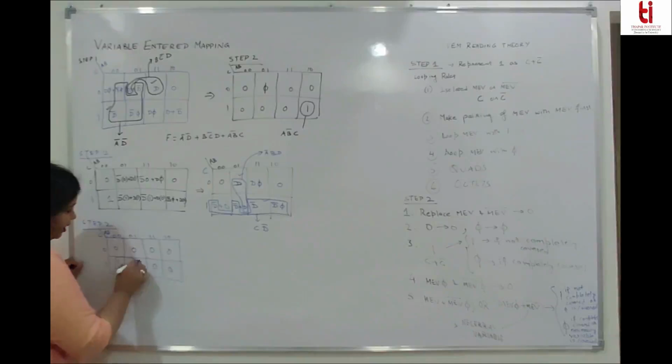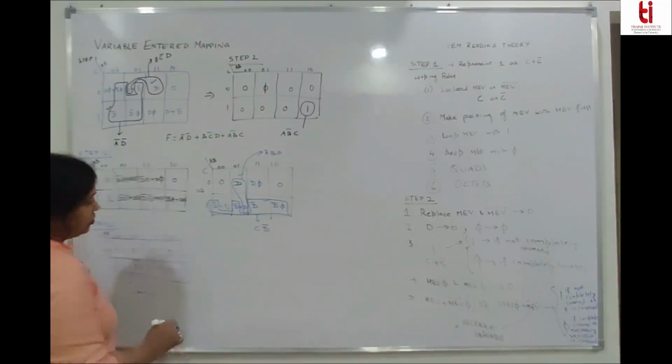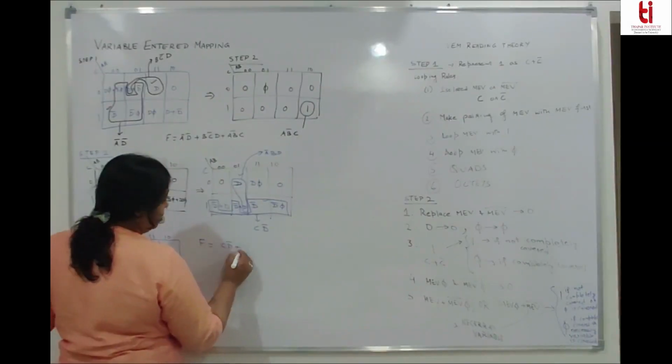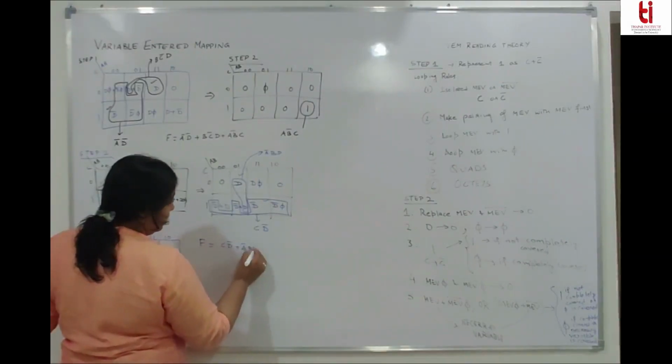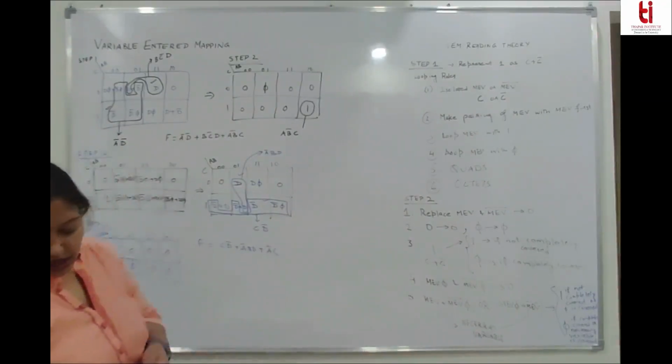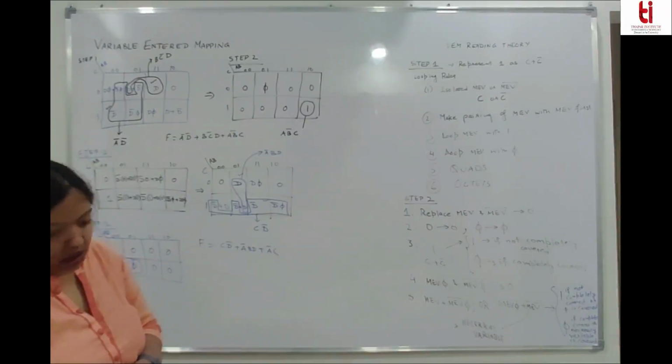So you can have a pair. So what do you get? C, A bar. What is the expression? C D bar, A bar B D, A bar. So this is a minimized expression for the function.